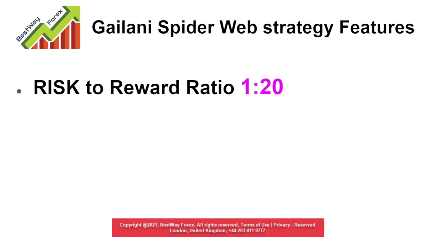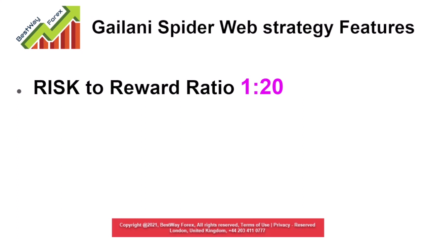Normally, supercomputers on a trading floor or professionals are targeting something like 1 to 1.2 or 1.3 or 1.5. The maximum is 1.5. In our case, it's about 1 to 20.